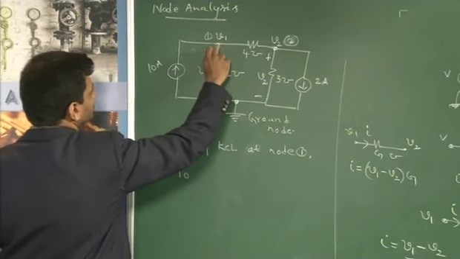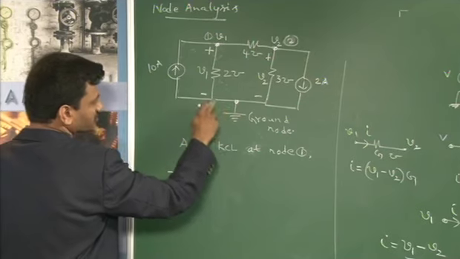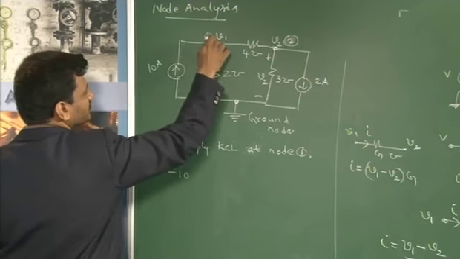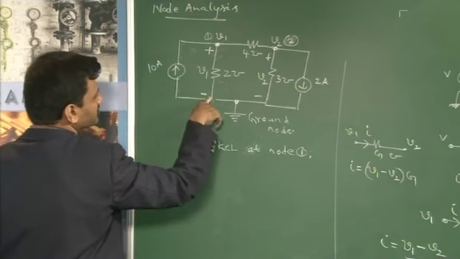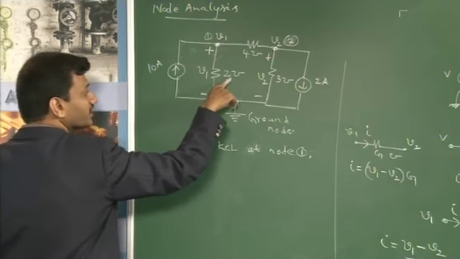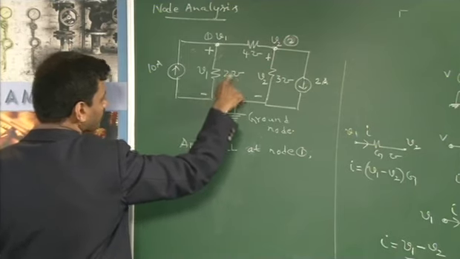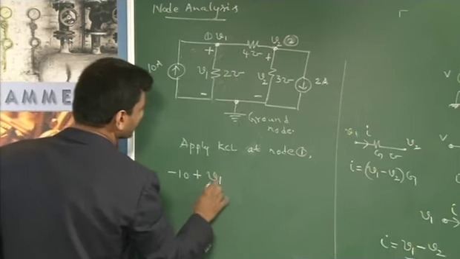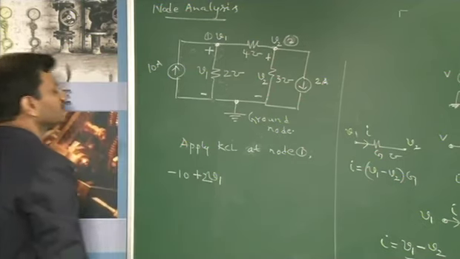The voltage here is V1 with respect to ground. The voltage here is 0 because this is the ground node. So, the potential difference is V1 minus 0, and into 2 because of the presence of mho. So, V1 minus 0, anyway V1, into 2.